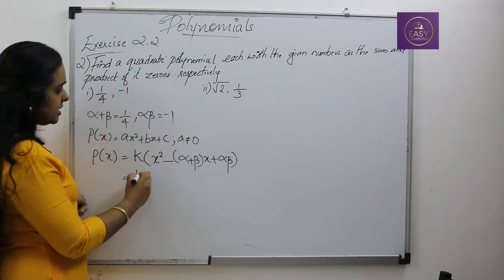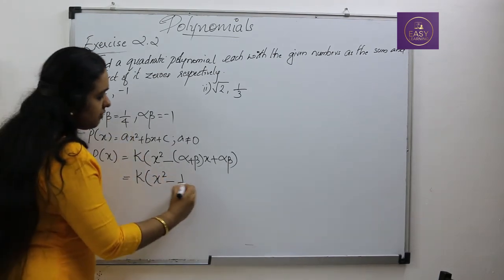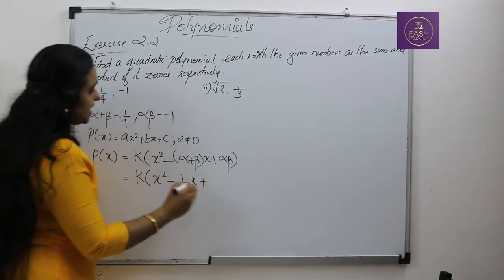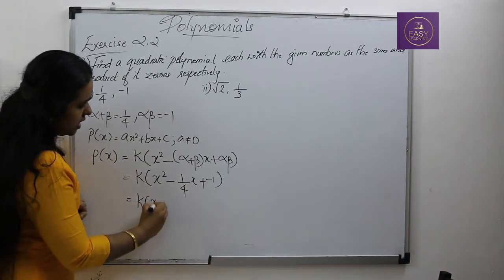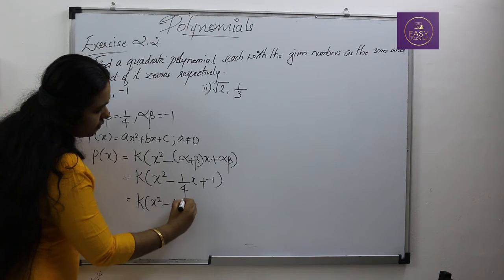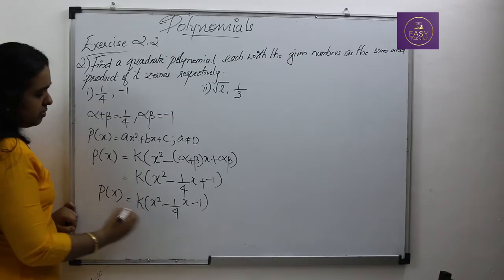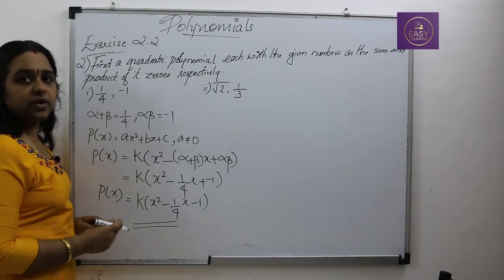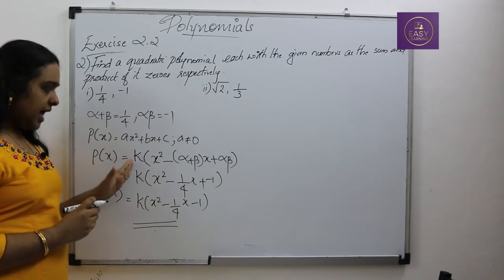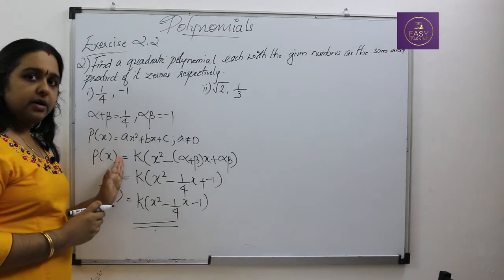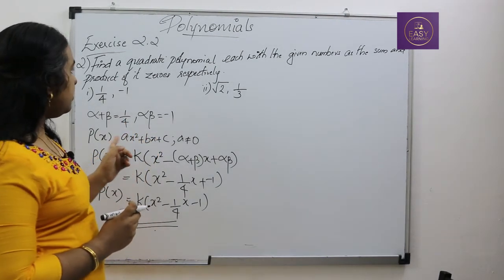Then how will we write? It is k into x square minus (alpha plus beta, which is 1 by 4) x plus alpha beta, which is minus 1. That is k into x square minus 1 by 4 x minus 1, the quadratic polynomial. This is the general form, p of x equals k into any number. In our previous video we did one problem of this type.